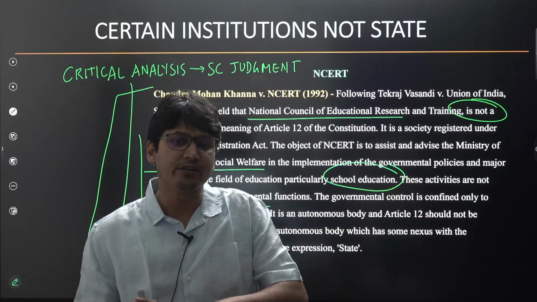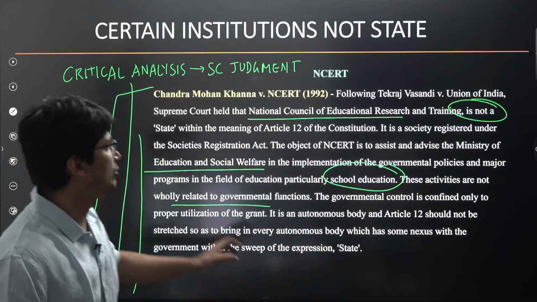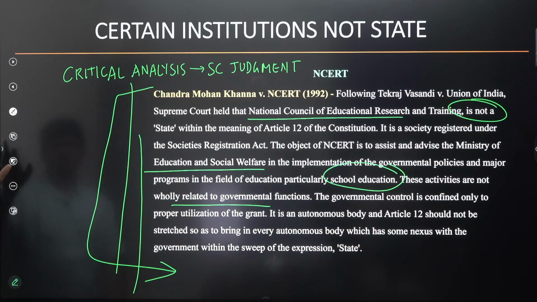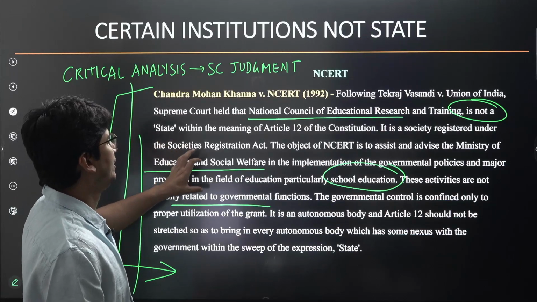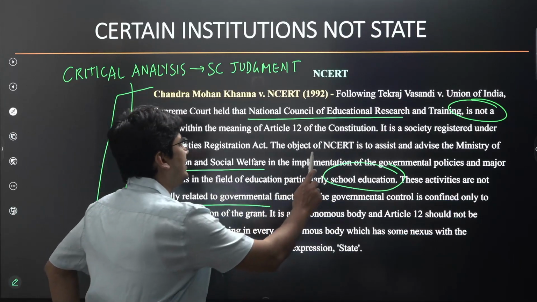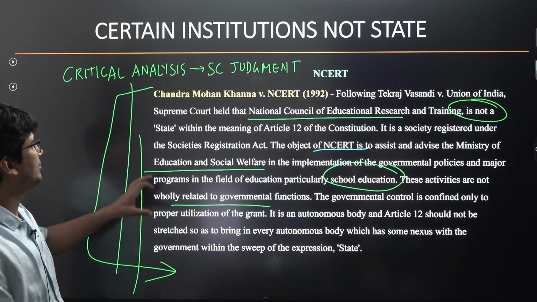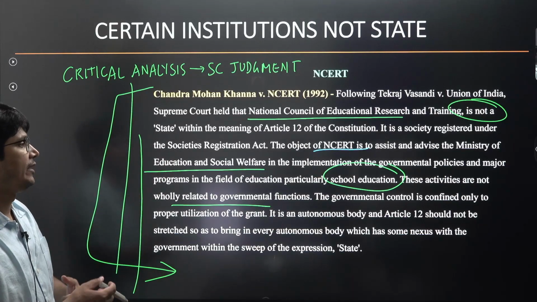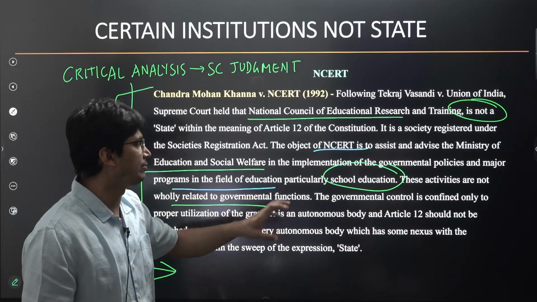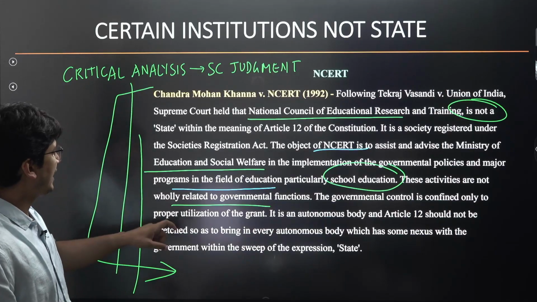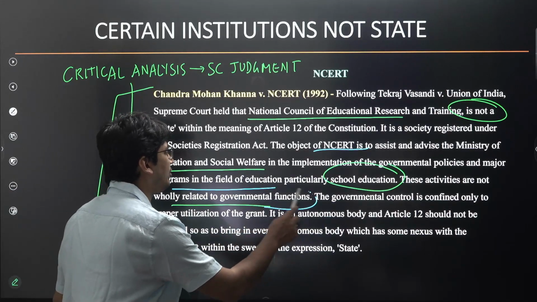But on the contrary, the reason given by the Supreme Court is that it is not a state, because the object of NCERT is to assist and advise the Ministry of Education and Social Welfare in the implementation of government policies and major programs in the field of education, particularly school education. And these activities are not wholly related to government functions.